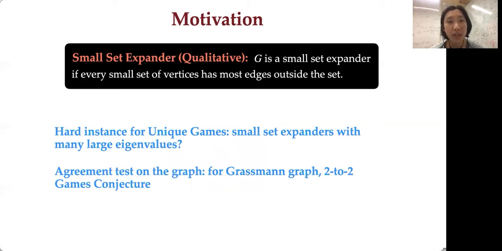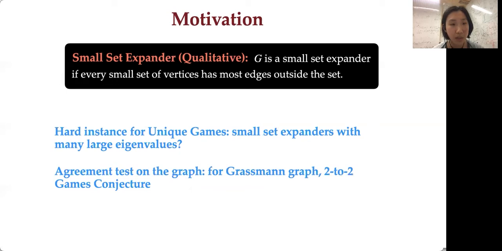And the reasons we want to study small set expanders include the following. First, there is the hope that small set expanders with many large eigenvalues can give us hard instances for proving the unique games conjecture.